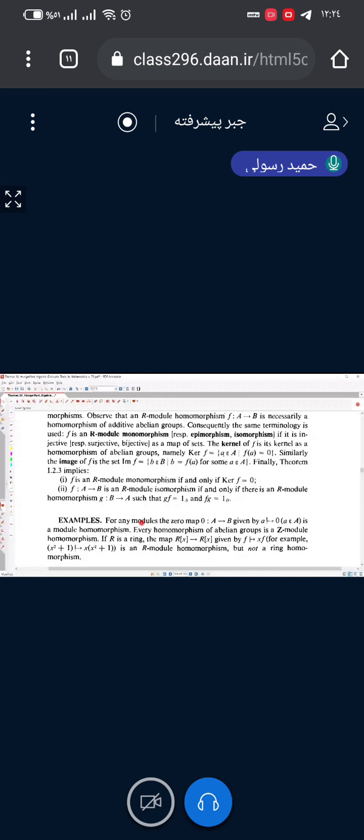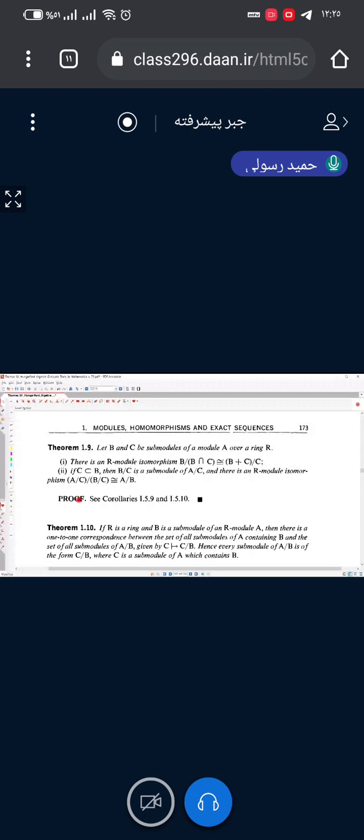Theorems are mainly similar to the case of groups, and so the proofs are removed, but you can refer to the chapter which discusses groups and see the proofs of these theorems and propositions.